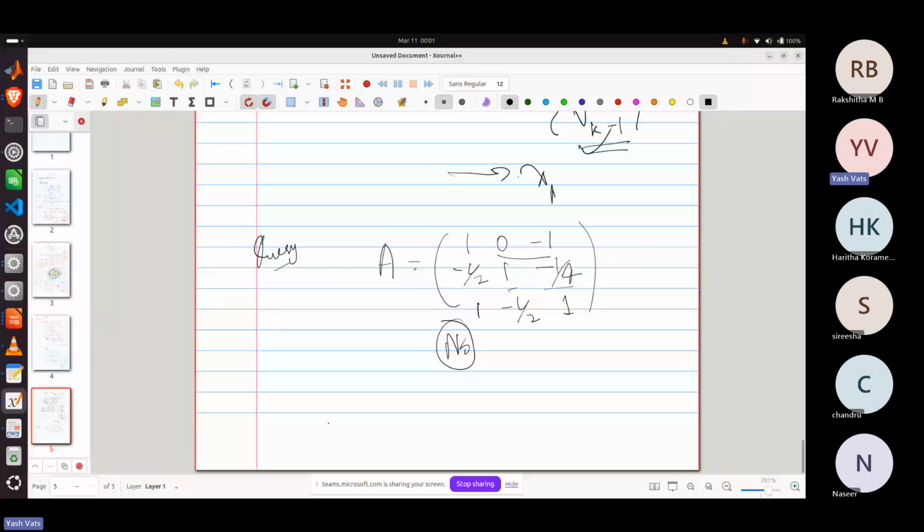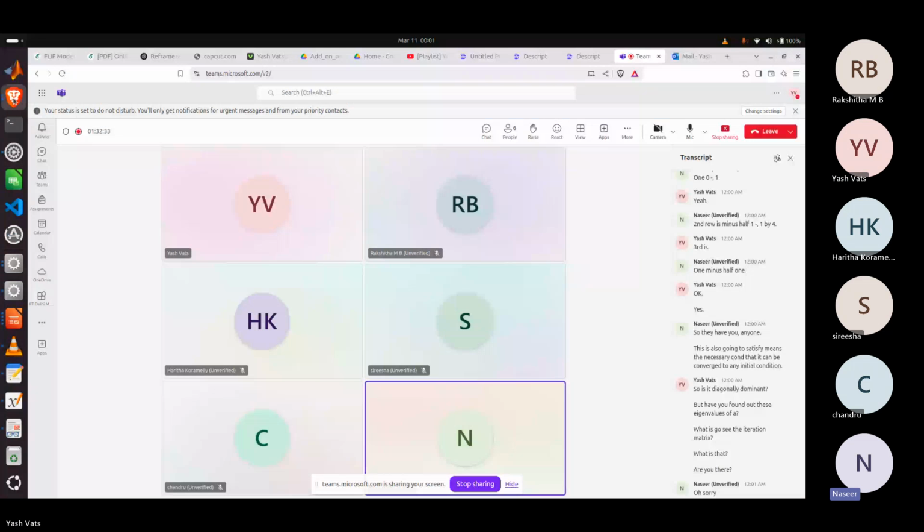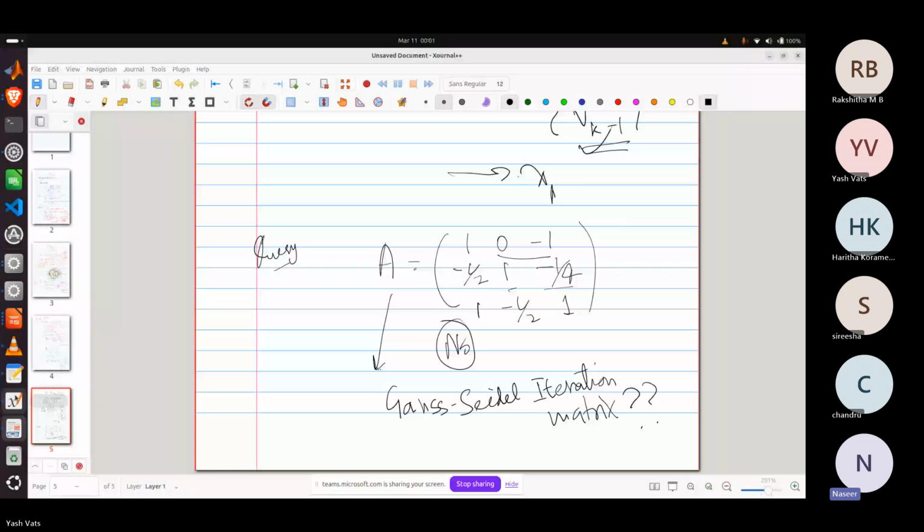But have you found the eigenvalues of A? What is the Gauss-Seidel iteration matrix? Sorry, I didn't know I was muted. Since it is 3 cross 3, we have three unknowns x1, x2, x3.